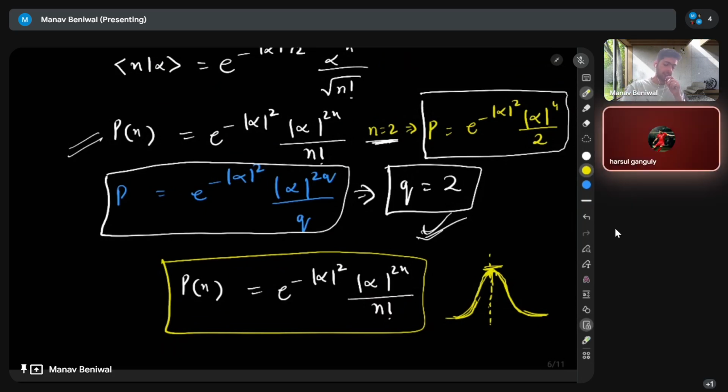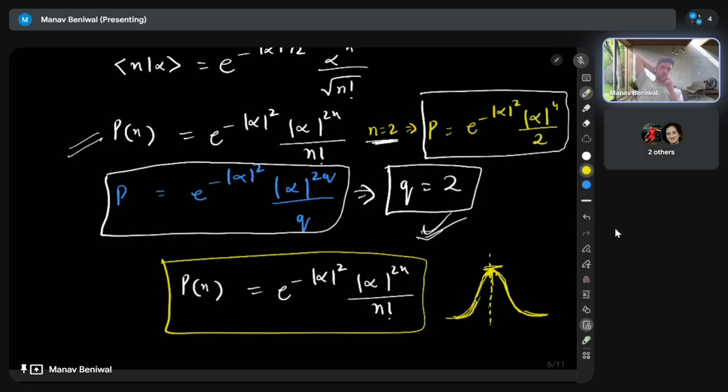Anyway, so the point is this kind of a distribution is very common in nature. So for example, our classical particles, so an ideal gas equation that we write, they also follow this kind of a distribution. And you can find many more physical phenomena that will give you this distribution.